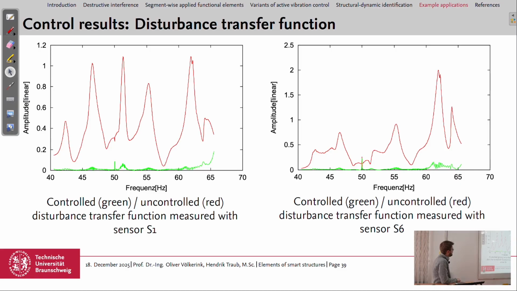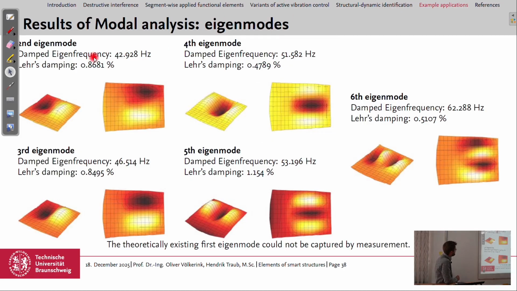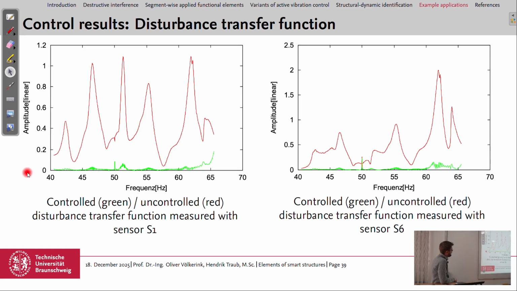We can here see the second and third, fourth, fifth, sixth eigenmode again. So if we look here, it's between 40 and 45, maybe 42, 43 Hertz, which corresponds to this eigenmode. And with activated control, at least the eigenmodes from 2 to 6 could be calmed down, or quieted.